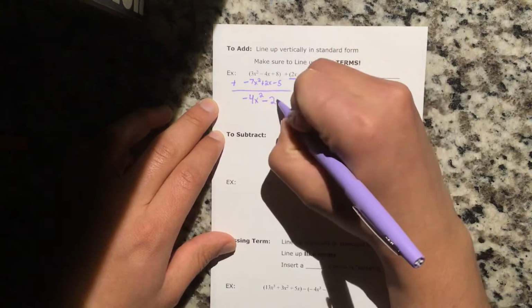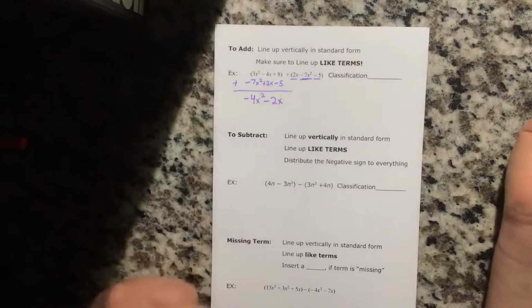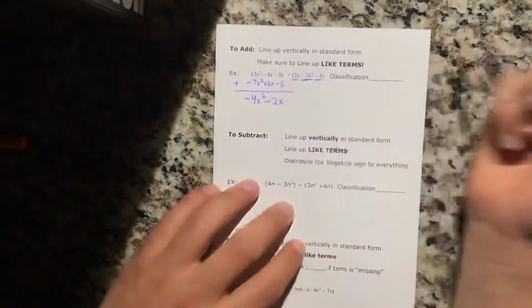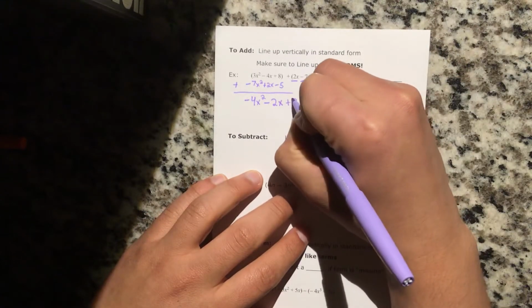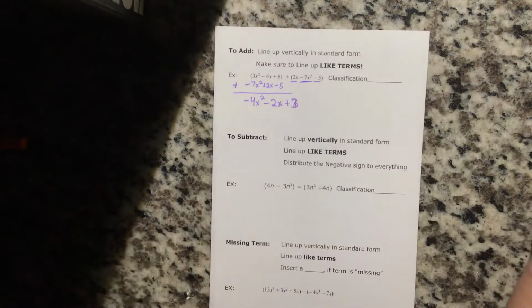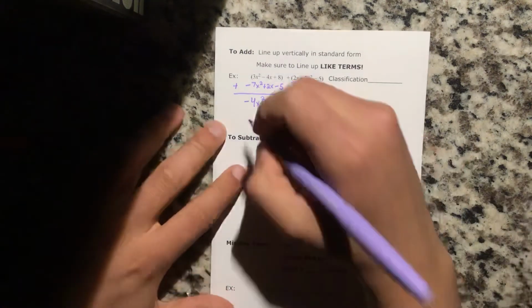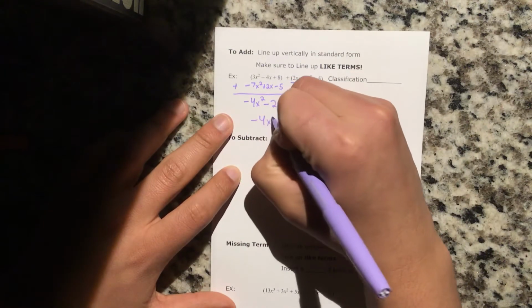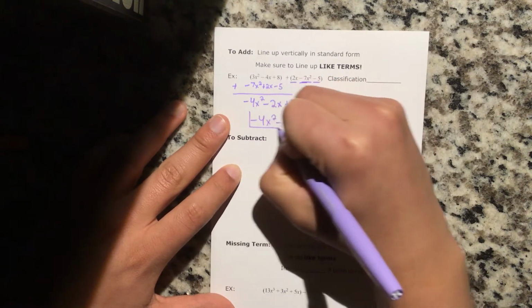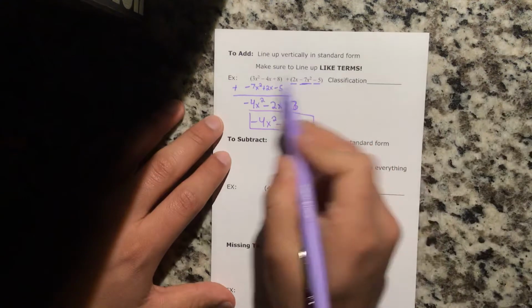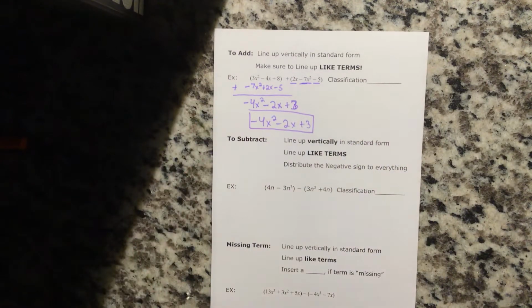I bring down the x. And then lastly, I have 8 plus negative 5. Well, 8 plus negative 5 gives me a positive 3. I almost wrote 8. Positive 3, okay? So let me write that again because it got kind of weird. So negative 4x squared minus 2x plus 3, right? That is my answer when we add up those two polynomials, okay? We're just combining like terms, okay?